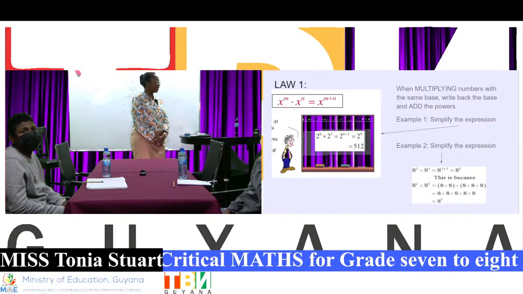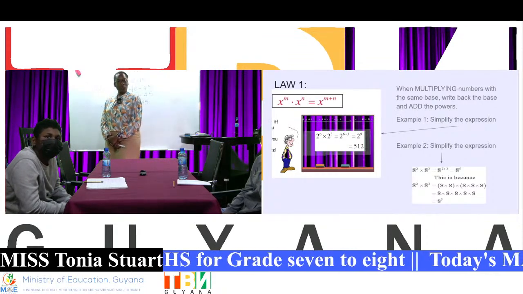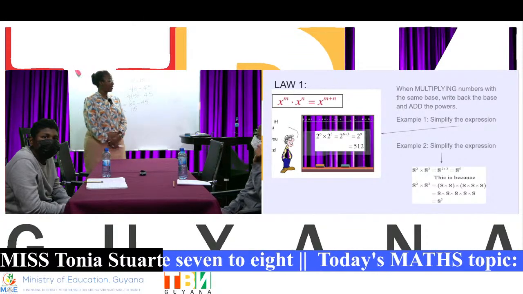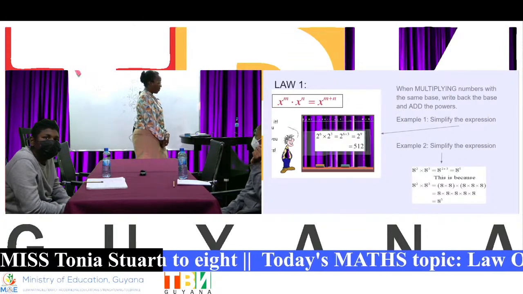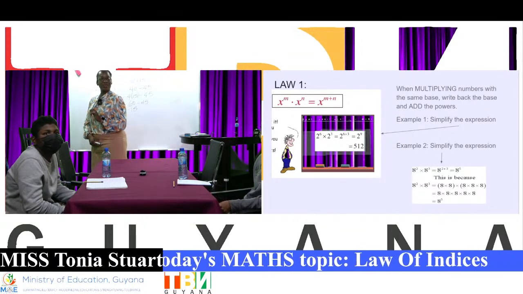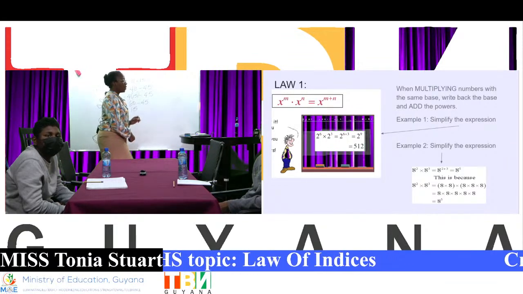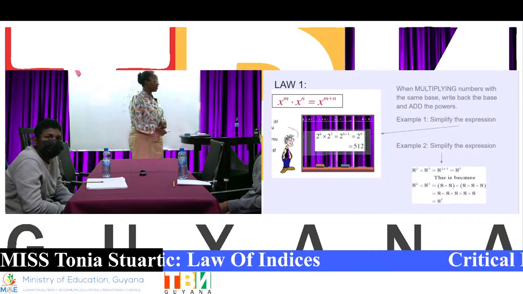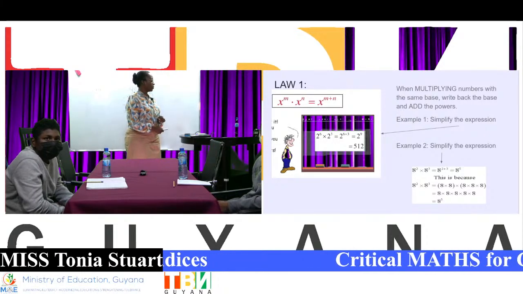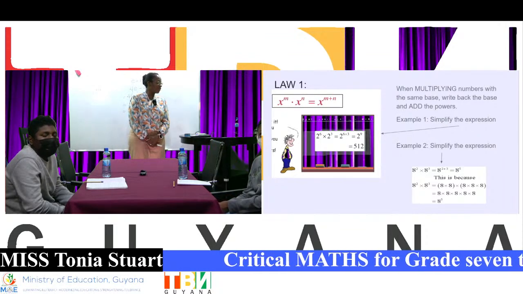So we have another example at the bottom. 8 to the 2nd power multiplied by 8 to the 3rd power. Same base, so we write back the base and add the powers. 2 plus 3, we would get 8 to the 5th power.